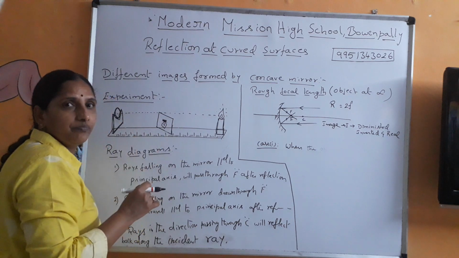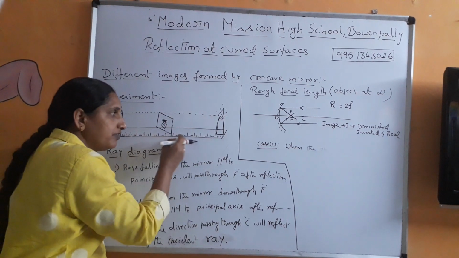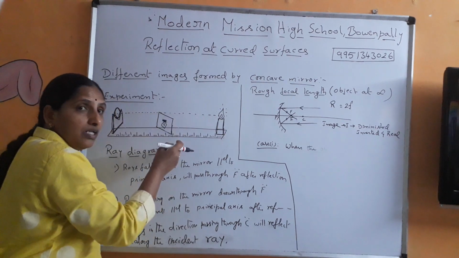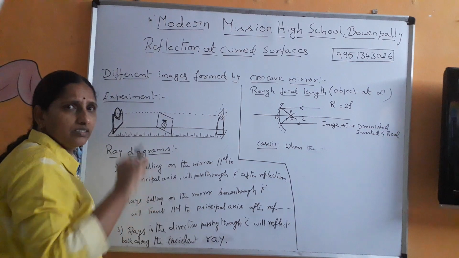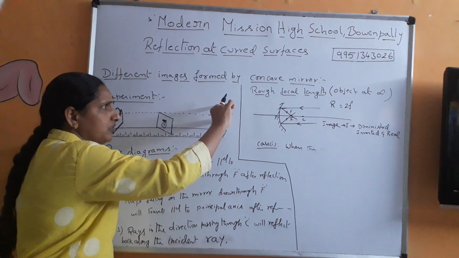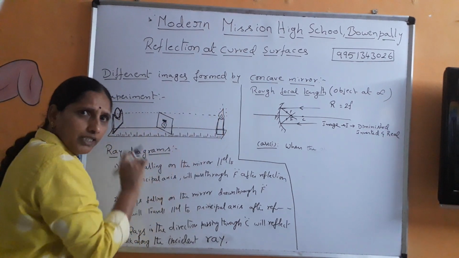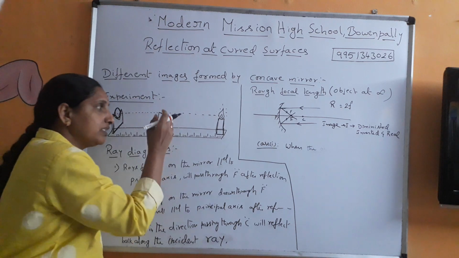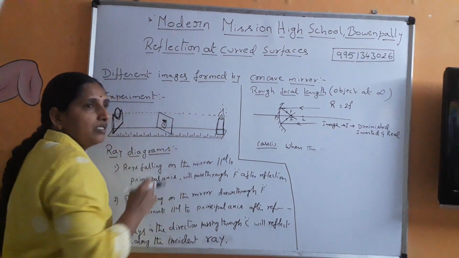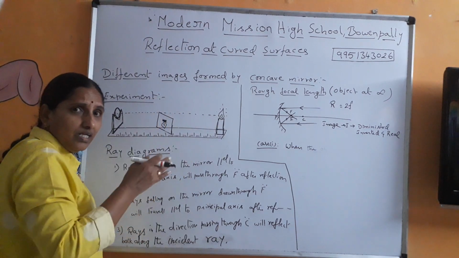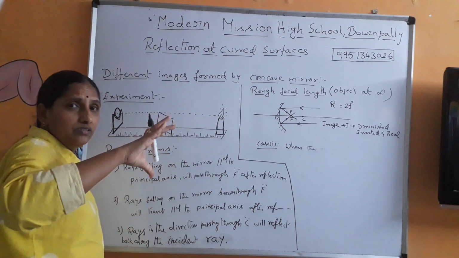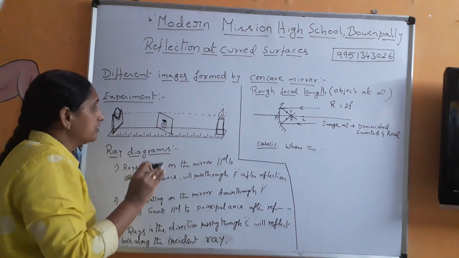Then as you move further away, at a particular point you can see an image of exactly the same size as the object formed on the screen. Still further, the size of the image increases again. So what's happening here?